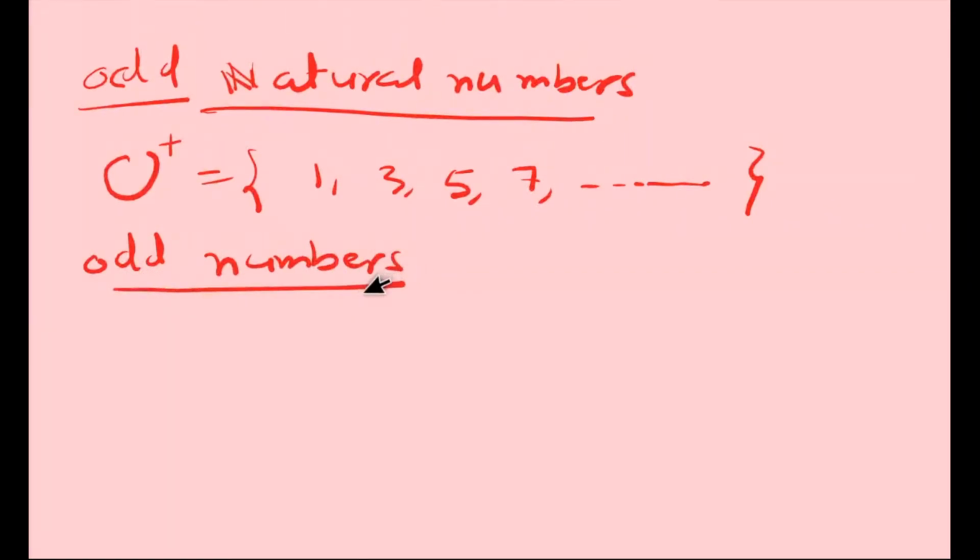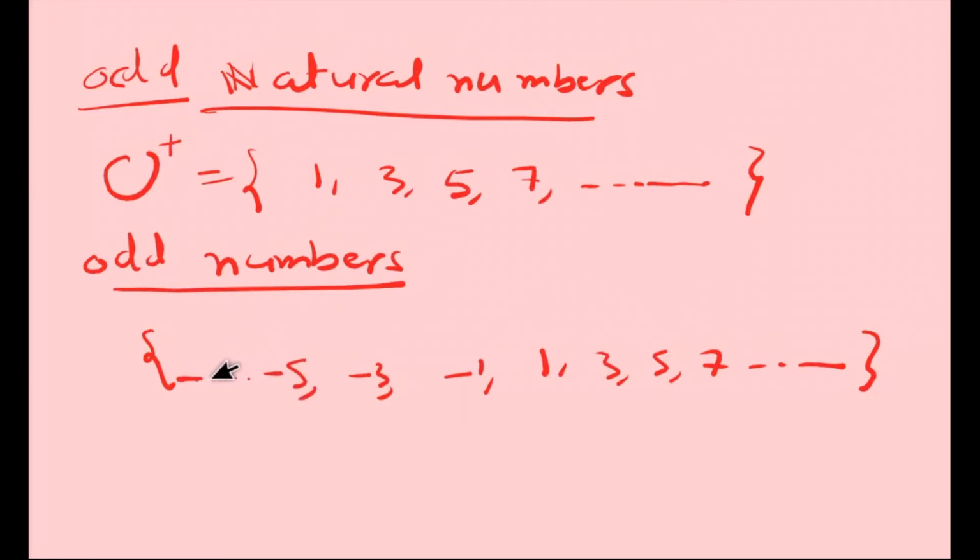Odd numbers can be described as 1, 3, 5, 7 and so on, and we can write from below -1, -3, -5 and so on. These are odd numbers.